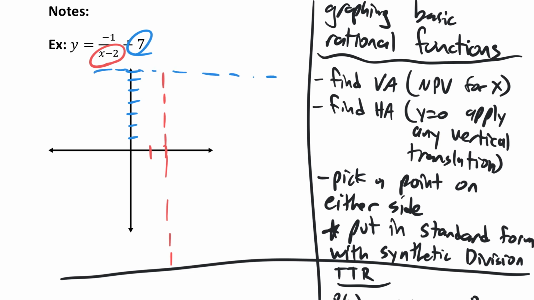Maybe we need to extend this just a little bit. Pick a point at 3 and at 1. When you plug in 3, you should get 6. When you plug in 1, you should get 8. And so we end up with a graph like this.